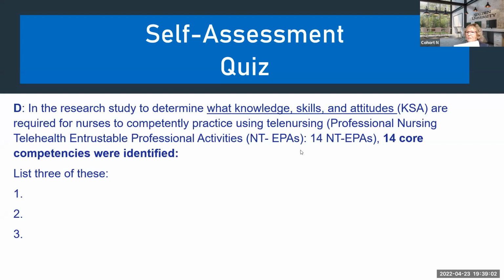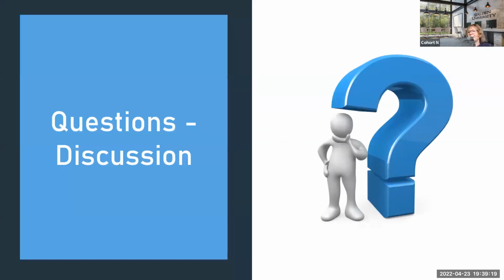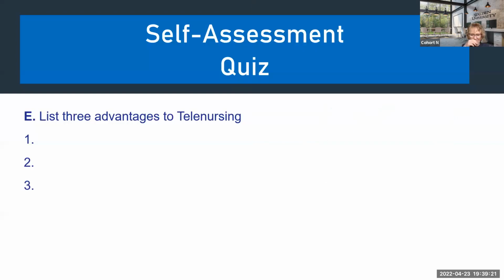I see answers still coming in. That's good. Advantages to telenursing. Yes. Perfect. Cost saving, access, no travel, those types of things. Most acceptable by students.